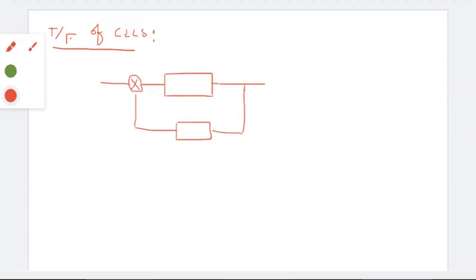Here we are going to consider a simple block diagram of the closed loop control system. The controller and plant are combined and represented by a single block. Consider the input of this system as R of S; we are directly considering the Laplace domain.